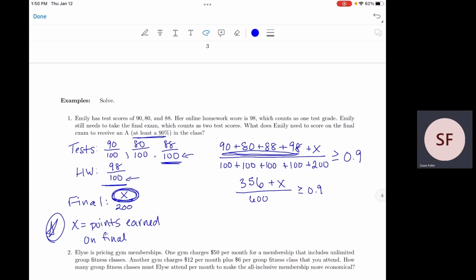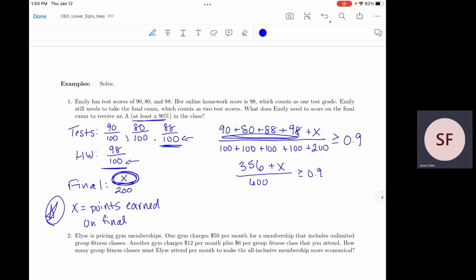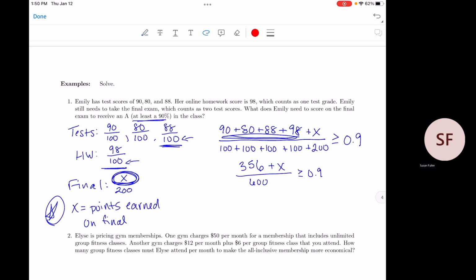I've got a fraction here on the left side. That makes me kind of itchy. So I'm going to multiply both sides by the least common denominator here, which is 600. When I do that, it's going to clear that fraction.